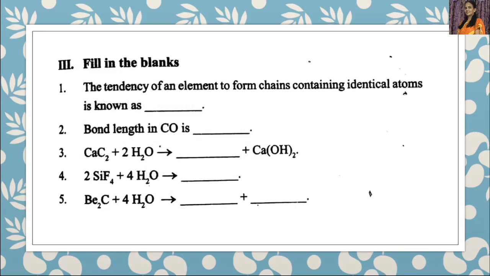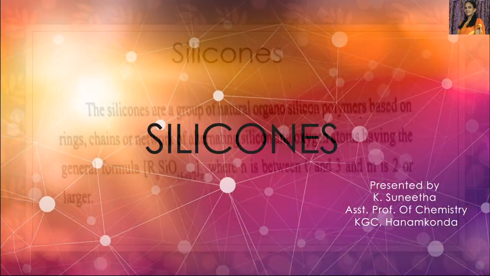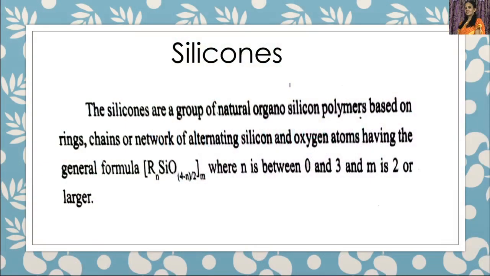Now let me show this formula. It is RnSiO(4-n)/2 to the power m, the entire group taken m times, where n is between 0 and 3, these being alkyl or aryl groups, and m stands for the number of these groups.